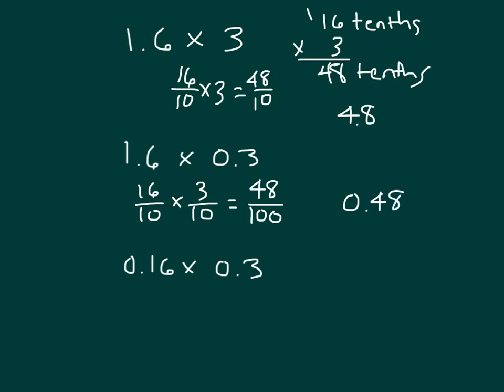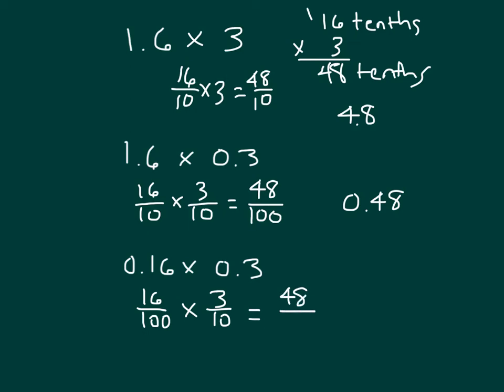For that final one, we have 0.16, also read as 16/100ths. Let's write each of those out as a fraction. So we have 16/100ths, and we're still multiplying there, and it's 3 tenths. 16 times 3, just as before, still 48.